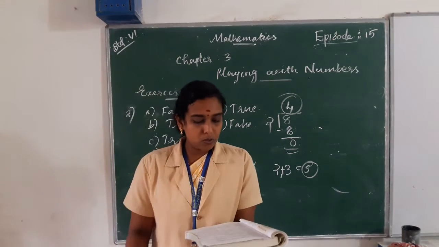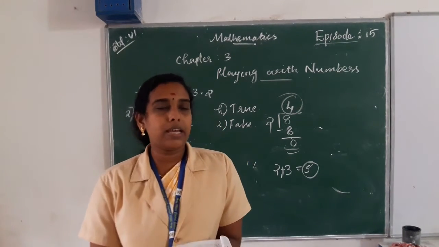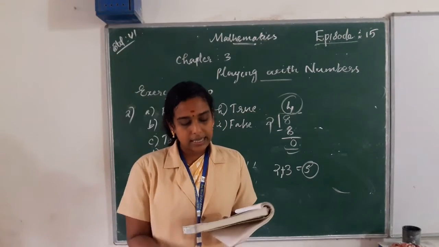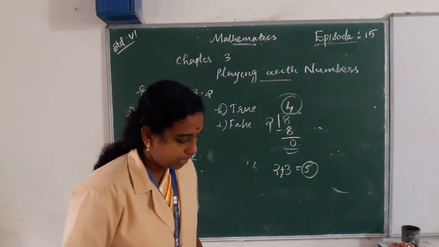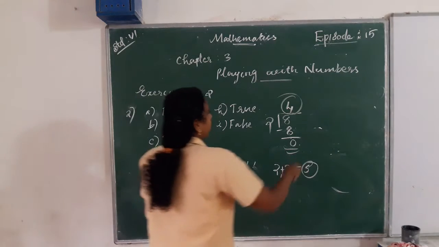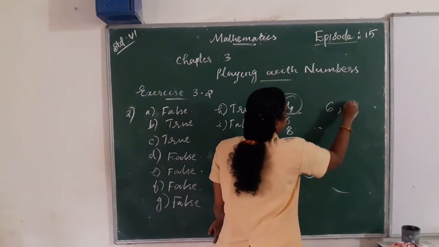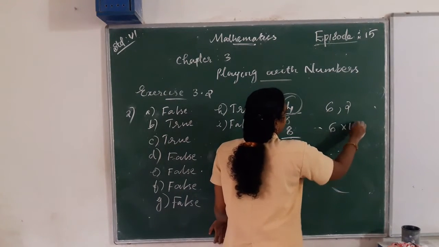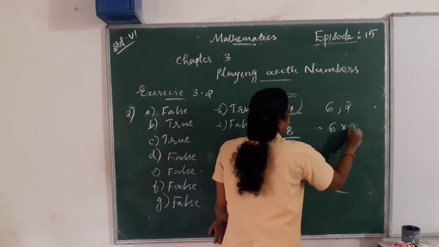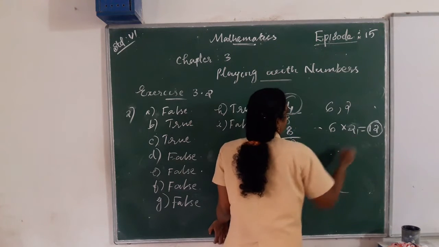The product of two even numbers is always even. Is it true or false? It is true. The product of two even numbers is always even. We take the two even numbers 6 and 2. Then we multiply 6 and 2 and get 12, which is an even number.